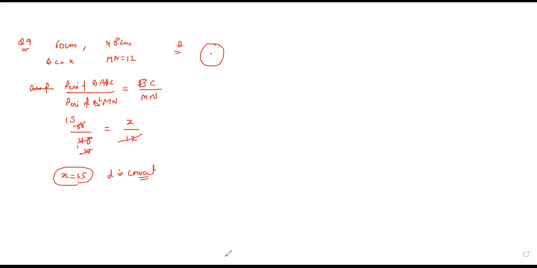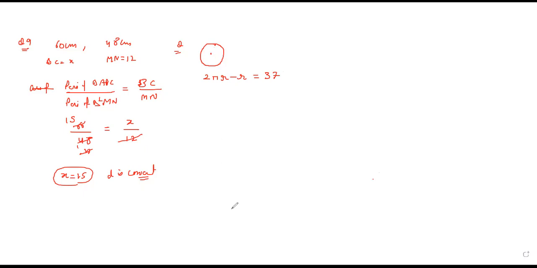Let me see. If the difference between the circumference and the radius of the circle is 37, then 2 pi r minus r is equal to 37. Then what do you want? The circumference of the circle.